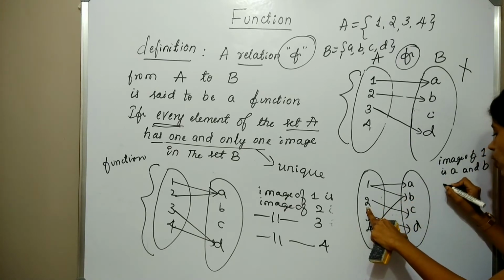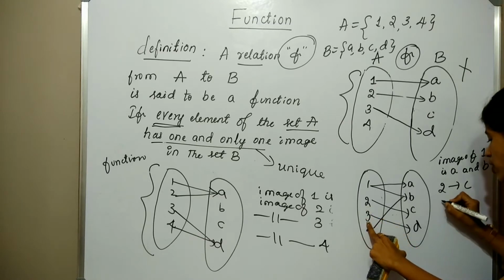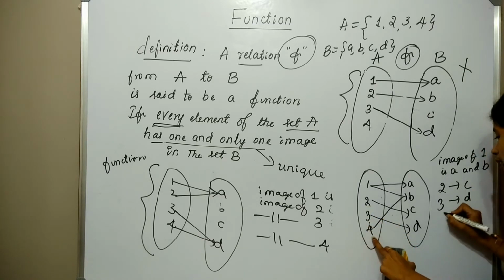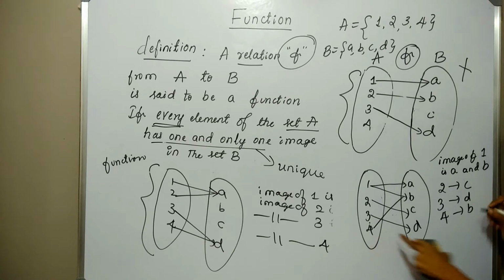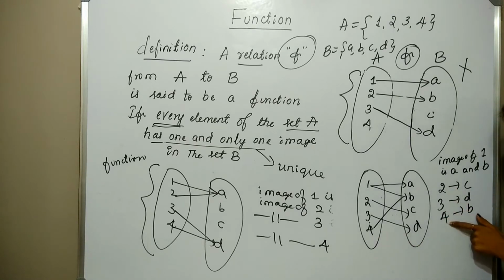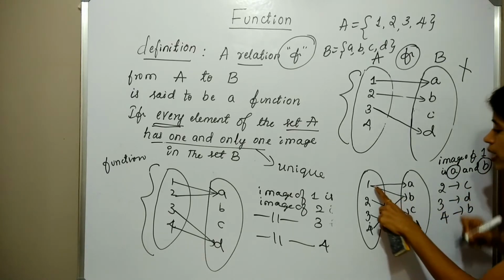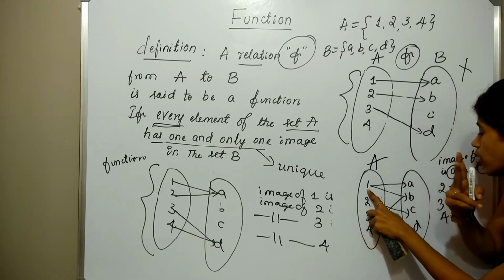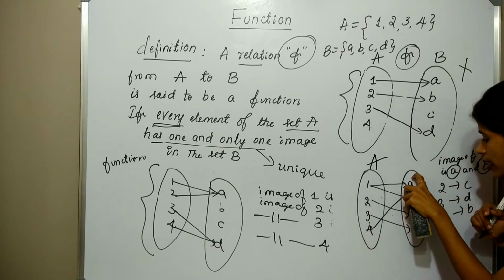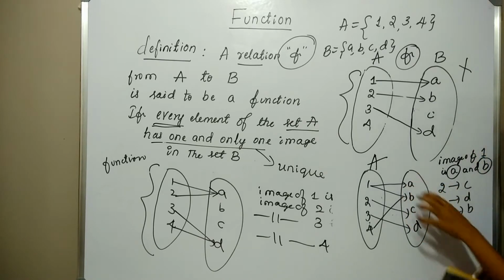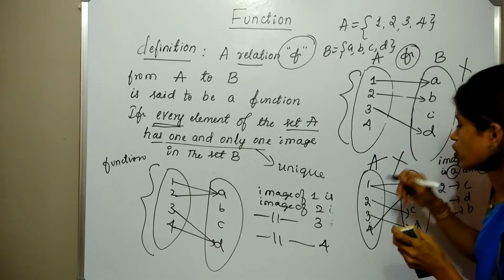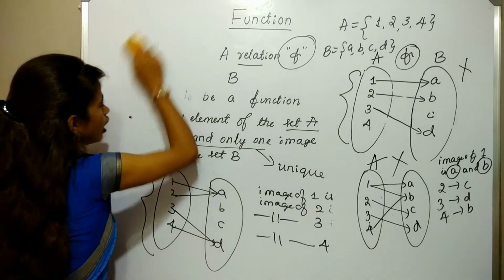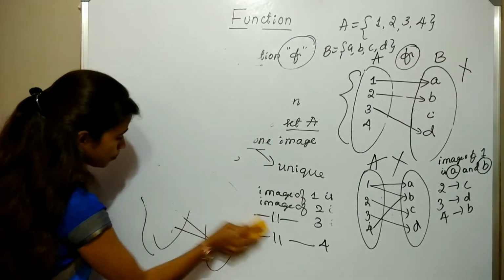The image of 2 is c, the image of 3 is d, and the image of 4 is b. So 2, 3, 4 each have one and only one image, but the image of 1 is a and b. The element 1 of the set A has two images, namely a and b, therefore this does not form a function. So let us understand the notation for this function.